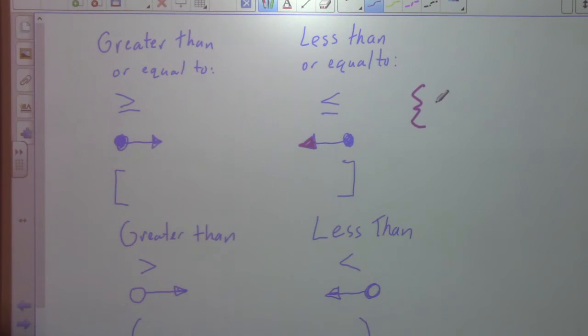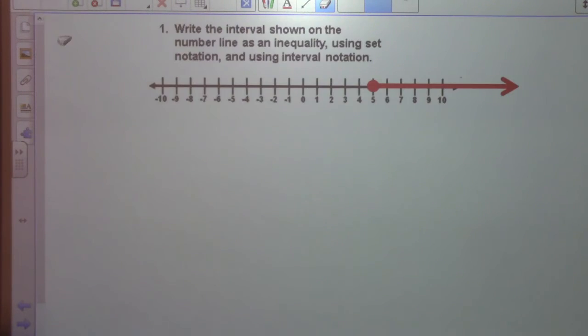The x such that x is greater than or equal to whatever. So that's what set notation is. I want you to work on this, talk to neighbors, and see if you can get the set notation. I'm going to call on somebody for this one in 2 minutes.